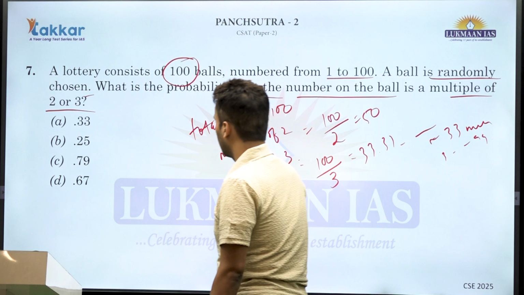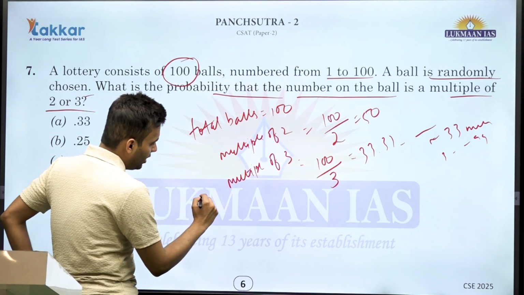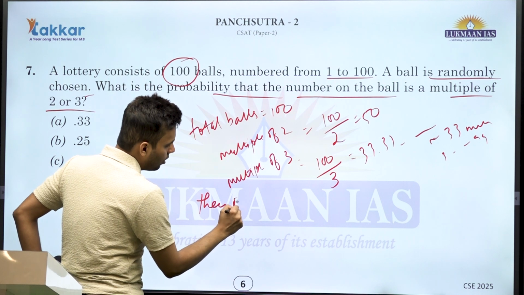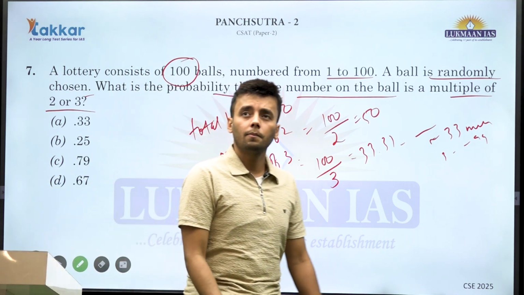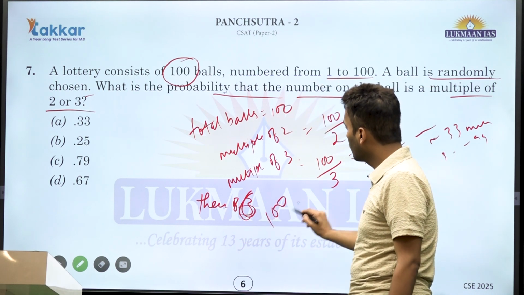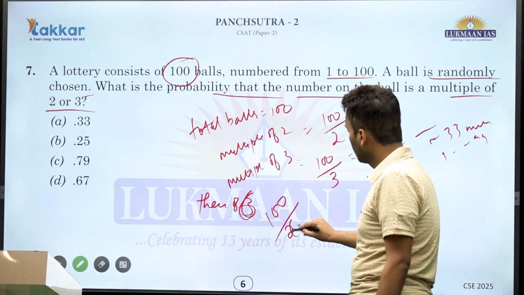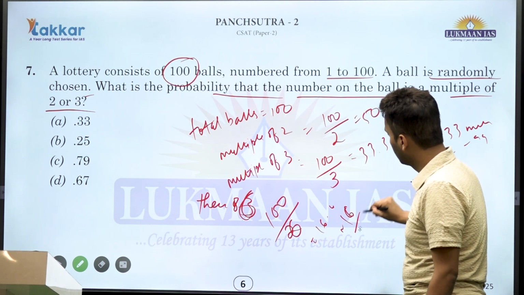Multiple of 2 or 3. But there is a catch. There are also multiples of 6. What are the multiples of 6? 6, 12, 18. So how many multiples of 6 will be there? 16.66, so 16 multiples.